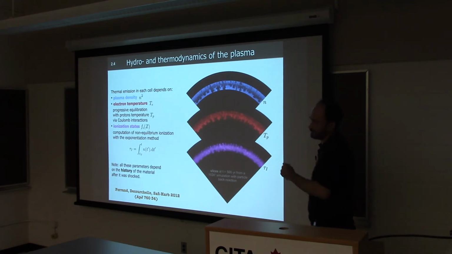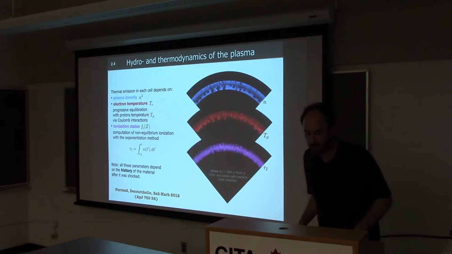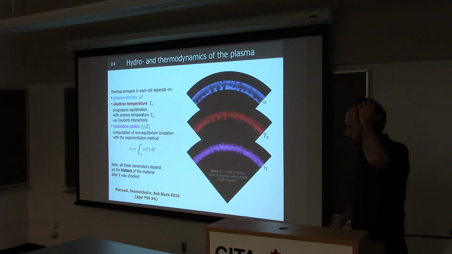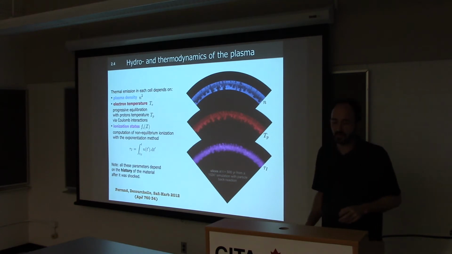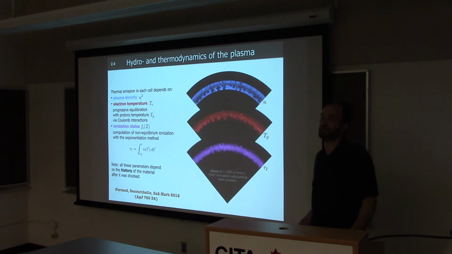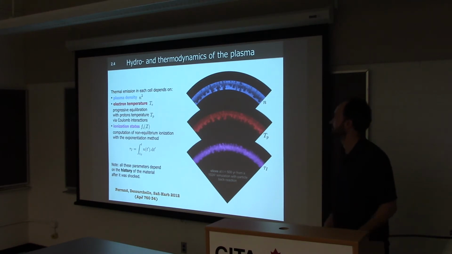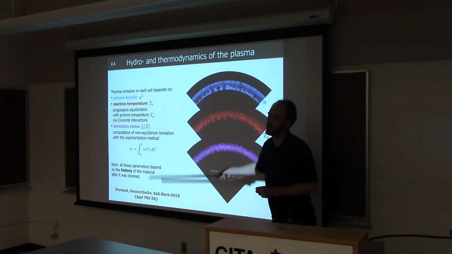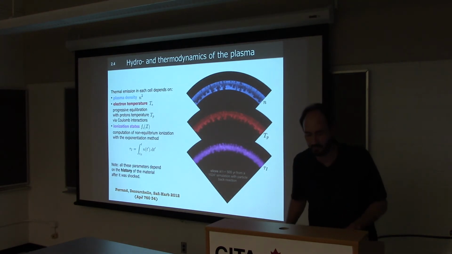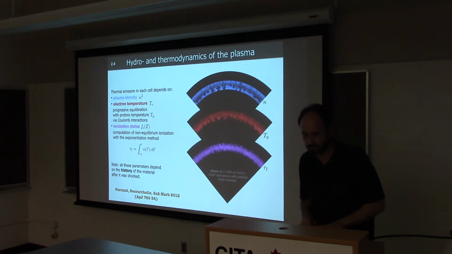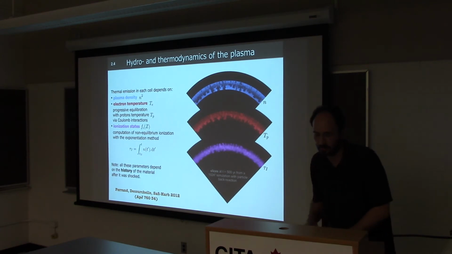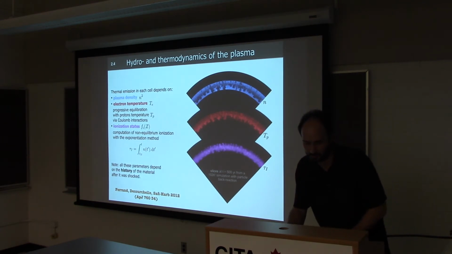People have been doing this in 1D, like Herman Lee or Patrick Slane. But again, in 3D, that would be really too much. So what we do is we post-process this. We just record some quantities like the ionization timescale, which is the sum of n dt, so that after the hydro simulation, we can compute the emission.